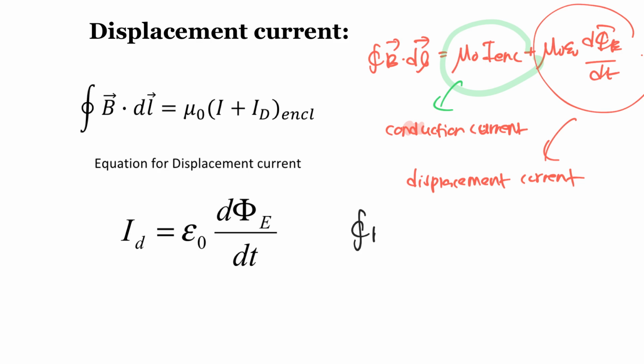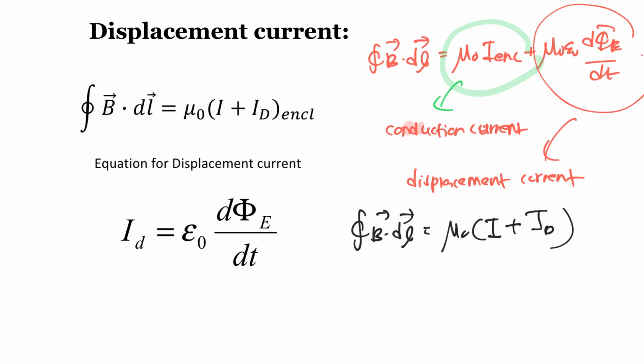We are going to get the integral of B dot dL, the Ampere's law with Maxwell's idea, equal to mu naught times I conduction current, which is the current enclosed inside the closed area, plus the displacement current. This is the way for you to write the formula.